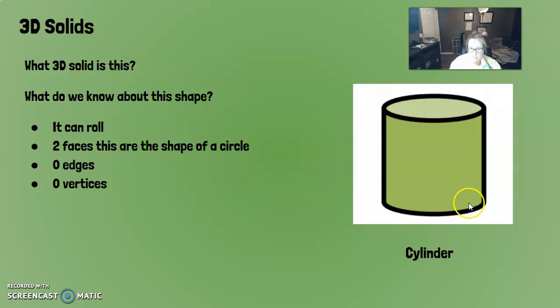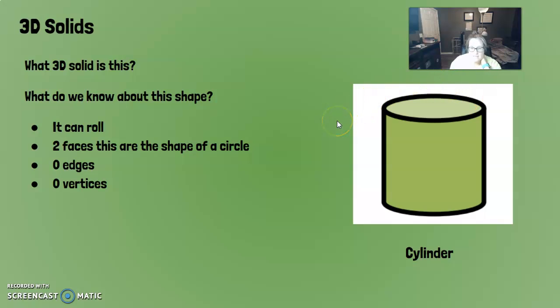There's one at the top and there's one at the bottom, and they're both shaped like a circle. There are 0 edges. And there are 0 vertices. There are 0 edges because these 2 faces do not actually touch because one's at the top and one's at the bottom. And there are 0 vertices because none of them come together to create a point.